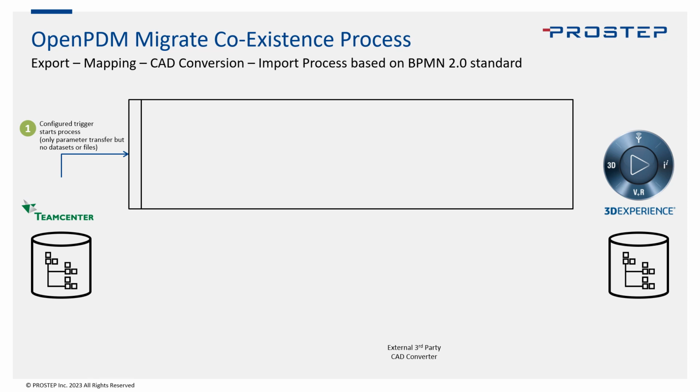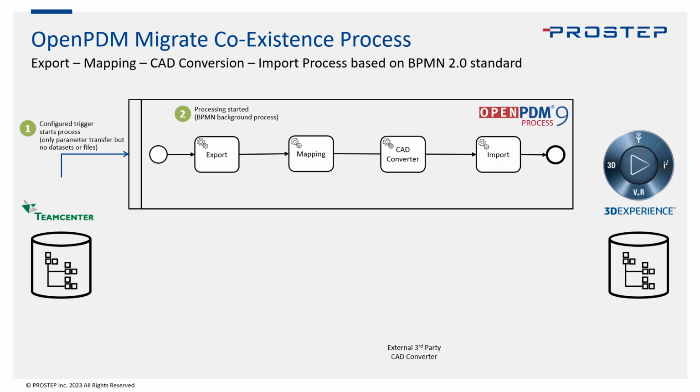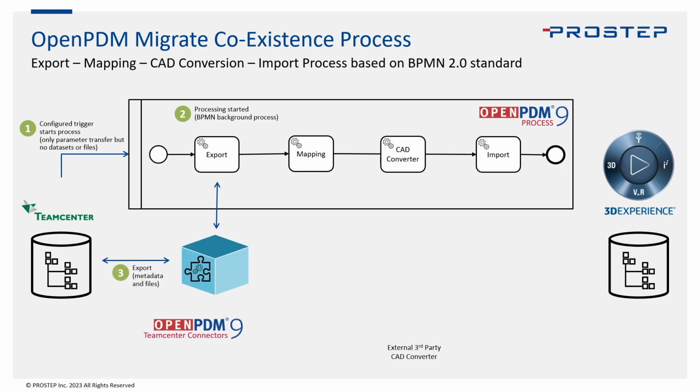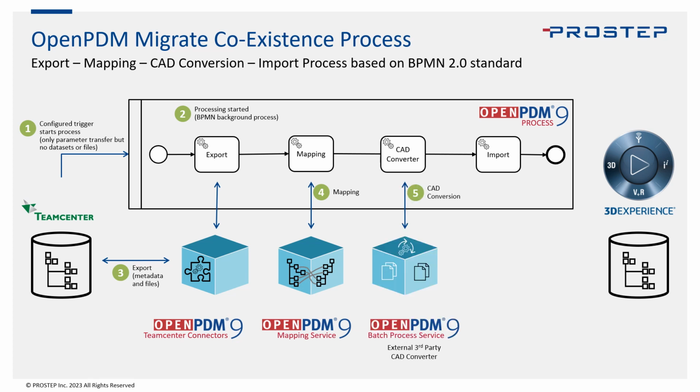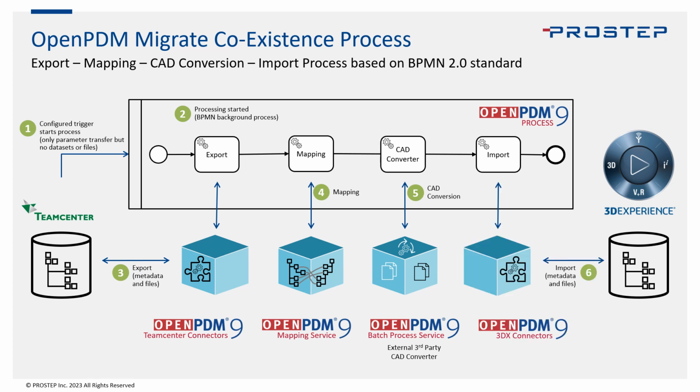In this case, you would put in an event trigger within the source system that would prod OpenPDM with a REST interface call that says this is going to be released, maybe as part of a change process. Behind the scenes, you would start that in the background in the OpenPDM process server, use the OpenPDM connectors to export the data or the CAD with the controller, the mapping service to map it, and the batch process service to do translation if you need some conversion, and then import the data to the other system with your OpenPDM connector.